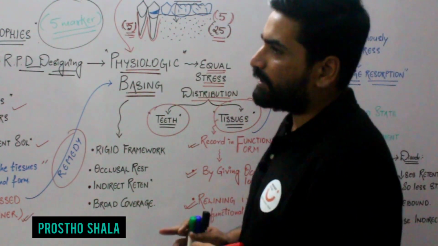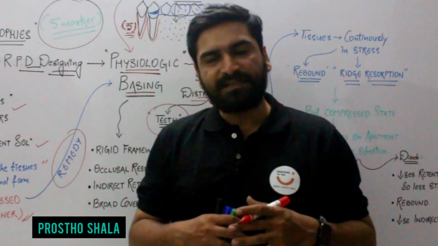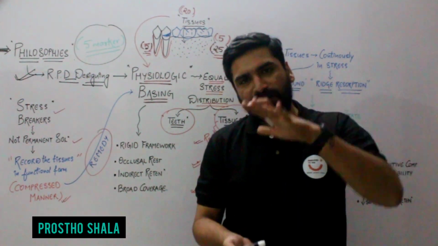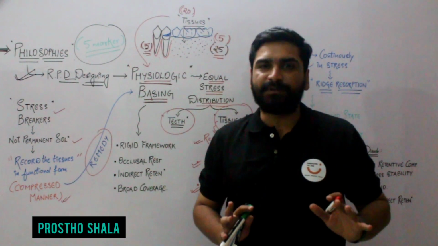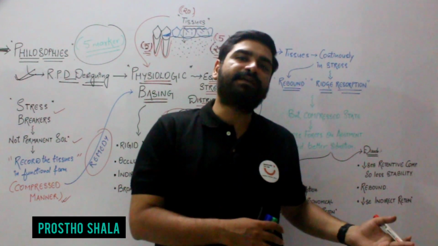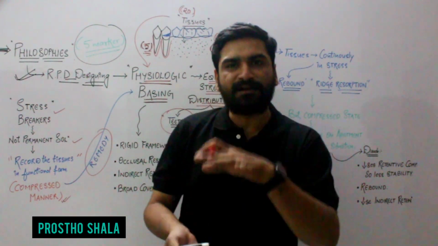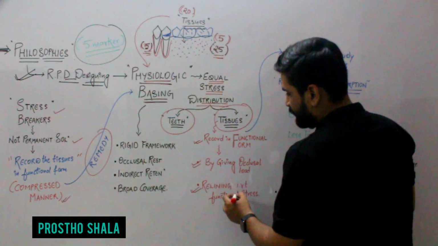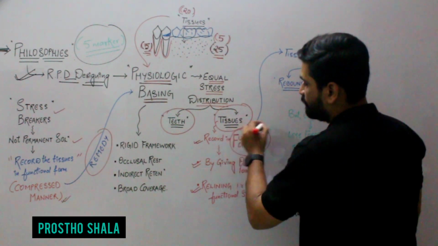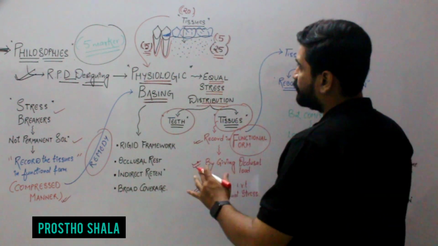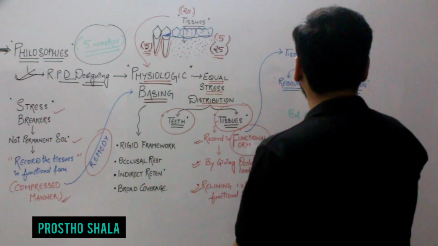When you are recording the impression, they ask you to record the tissues in a compressed manner. If you are not able to do so, you make the whole RPD and reline that area in a compressed manner. Ultimately they want the tissues to be in a functional, or compressed, form. That is what the physiologic basing theory says.